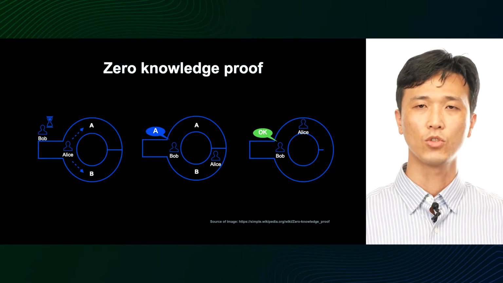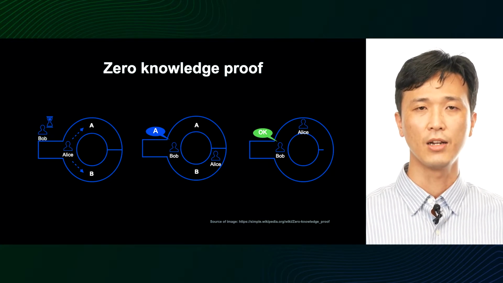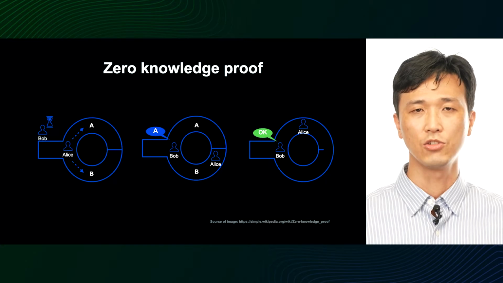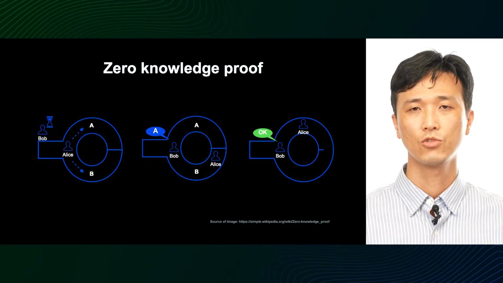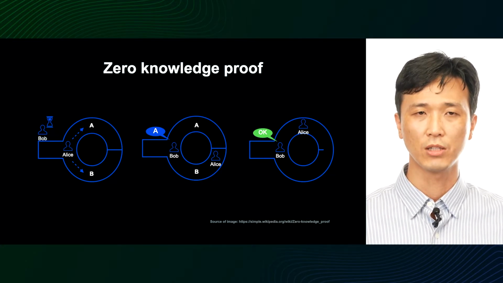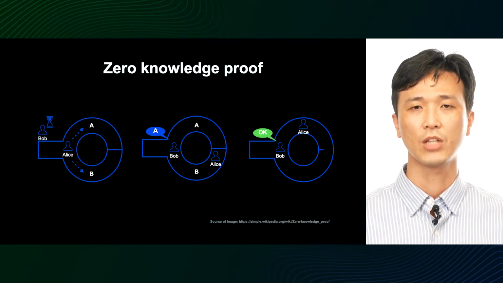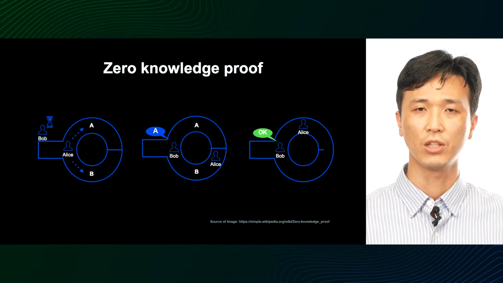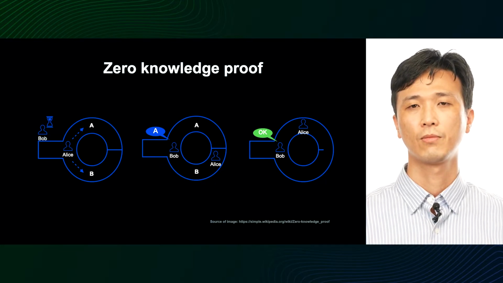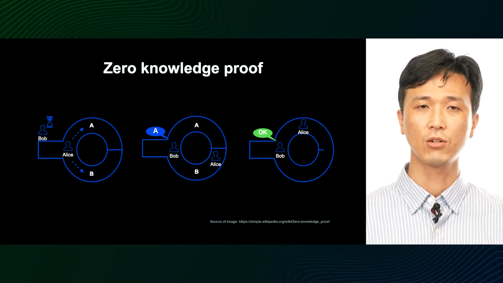And just like the image on the left, Bob is waiting outside the cave, and Alice has to choose either A or B, and Bob has to come to the cave and tell Alice to take one direction. If Alice comes out in the same direction, it means that Alice has the key to open the door.